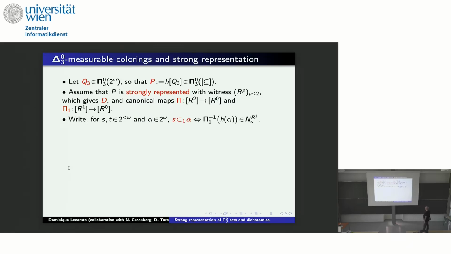So for infinite sequences, we say that S is a one predecessor of alpha. This writing means that S is part of the one representation of alpha. And if it's easier to understand at finite levels, it just means that S is R1 with T and different from T. But this is what it means essentially at infinite levels also. And we need a map, which is a coding map that for the moment is completely arbitrary. So it's defined on D and takes values on finite sequences.